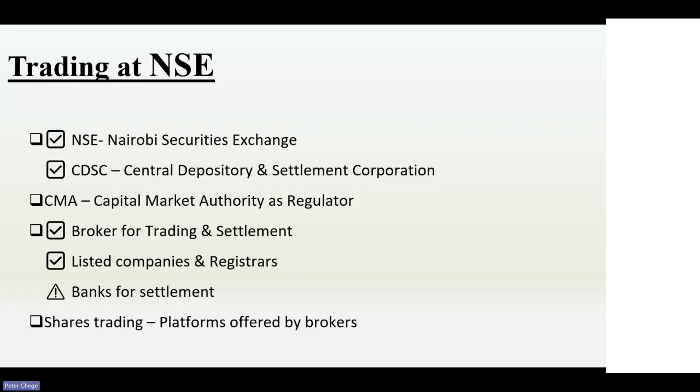Broker are the ones who provide the trading system and they do settlement on behalf of you. What that means is the broker will connect to NSE for trading and also connect to CDSC to open your trading account. Then on settlements, it's the broker who sends money to CDSC to pay the other party that sells the shares to you. So I hope that is clear.